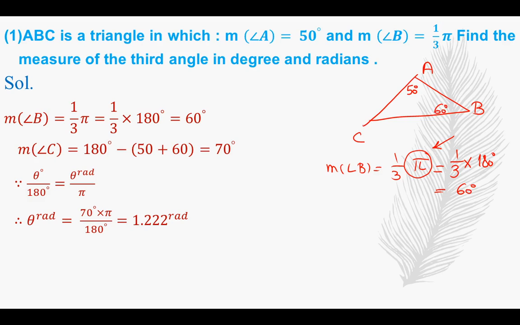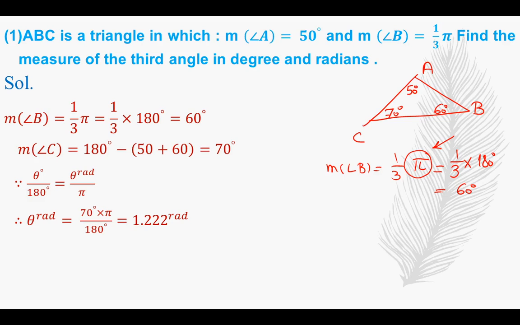We all know that the sum of the measures of the interior angles of a triangle equals 180. So the measure of angle C will equal 70 degrees. Here he wants to find the measure of the third angle C, so C equals 70 degrees. But we want this measure in degree measure and in radian measure.